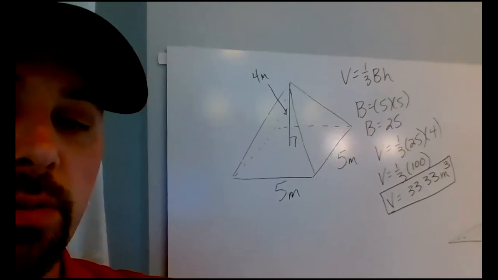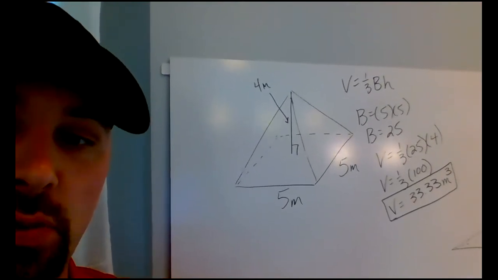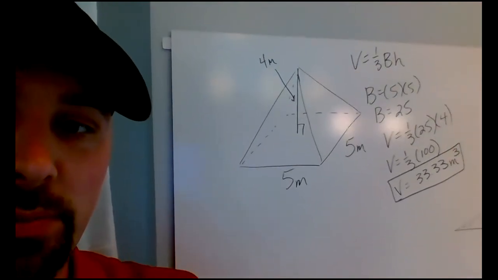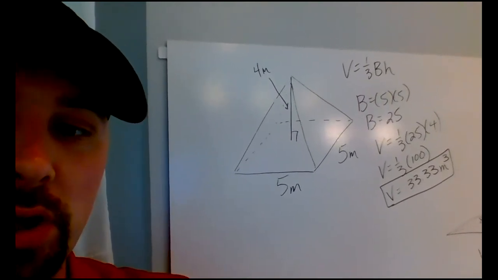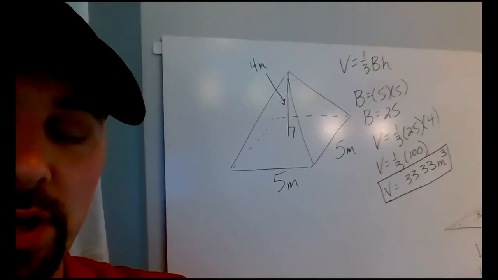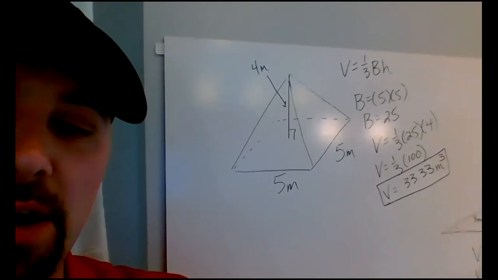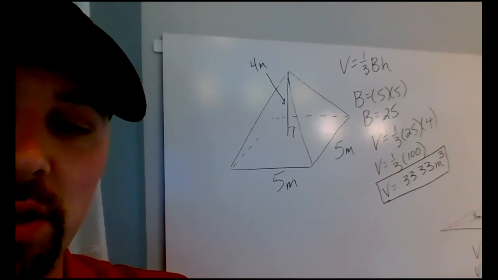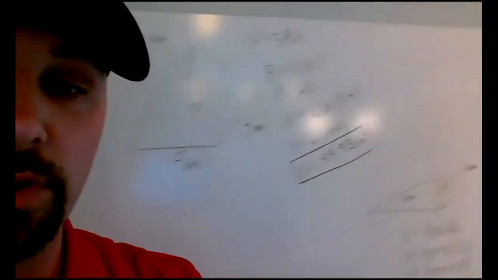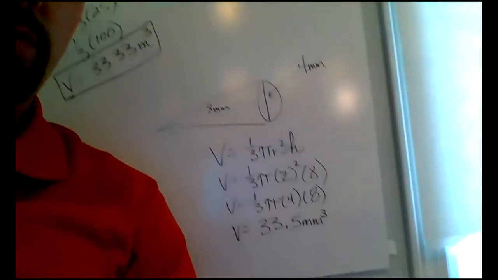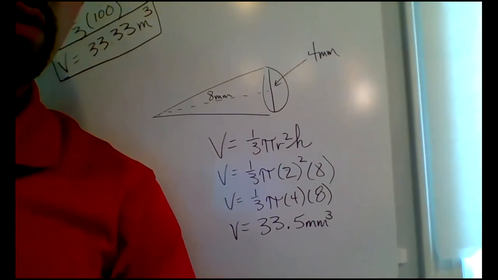The base was a square. 5 times 5 is how we got 25. Plug 25 in, and the height of 4. Multiply it out. 25 times 4 is 100. Times 1/3, or divided by 3, is how we get the volume of 33.33 cubic meters.